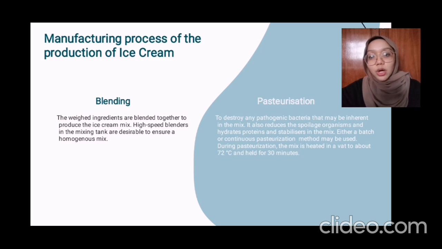Either a batch or continuous pasteurization method may be used. During pasteurization, the mix is heated in a vat to about 72 degrees Celsius and held for about 30 minutes.